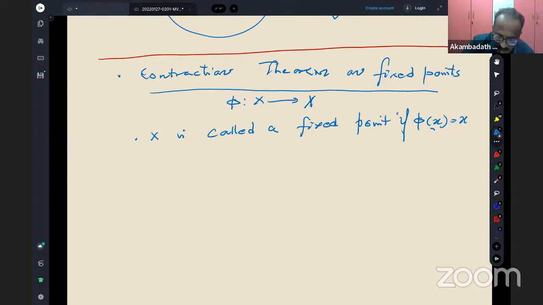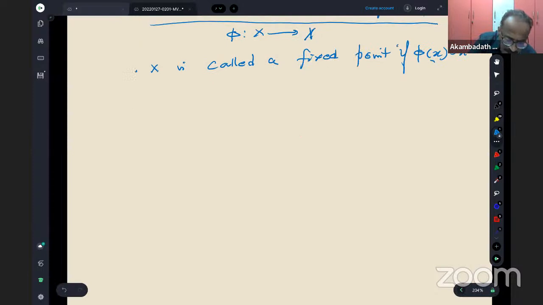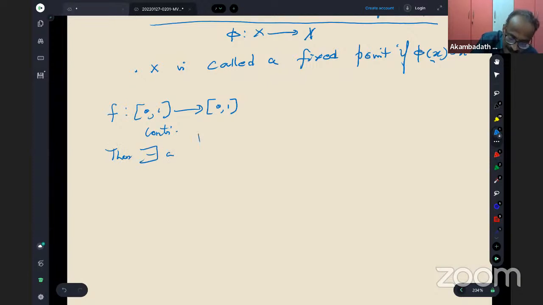So for example, it's a very nice exercise. Suppose f is from [0,1] to [0,1] and continuous. Then there exists a fixed point. It's a very special case of the theorem which I'm going to state.